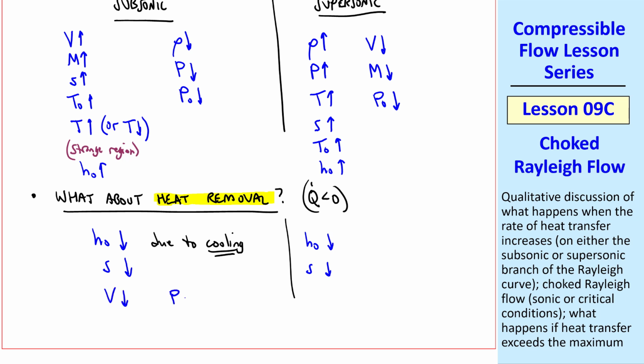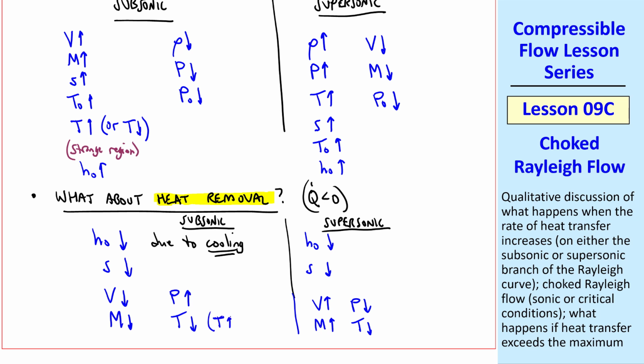For example, V goes down, but P goes up. Mach number goes down for the subsonic case. And for the supersonic case, V goes up, M goes up, and P goes down. Temperature goes down in either case, but as we move to the left on the subsonic curve, T goes up briefly in the strange zone.